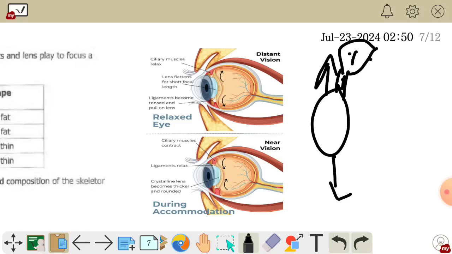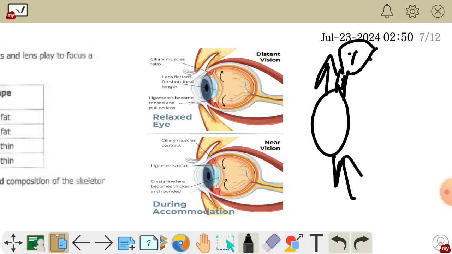And then the opposite is true for a near object. So for the lens in a near object, the suspensory ligament will be loosened, and the ciliary muscles are going to contract.